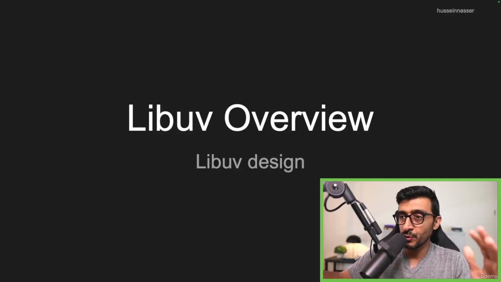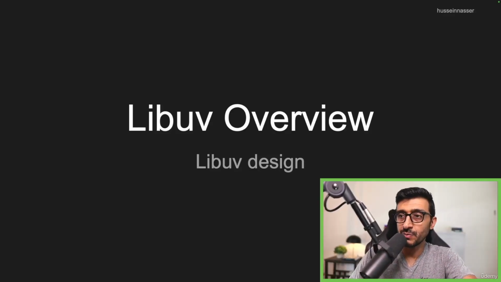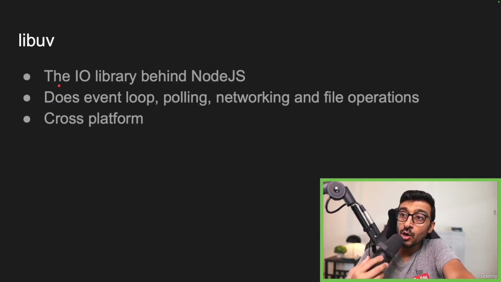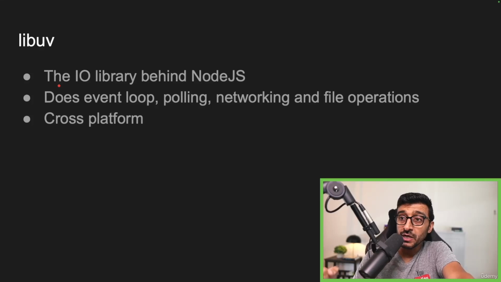libuv overview. Let's talk about this beautiful library that Node uses for all asynchronous I/O. libuv is an I/O library that sits behind Node.js, and it does the event loop, the polling, the network operations, the file operations, the DNS operations, all of this stuff.